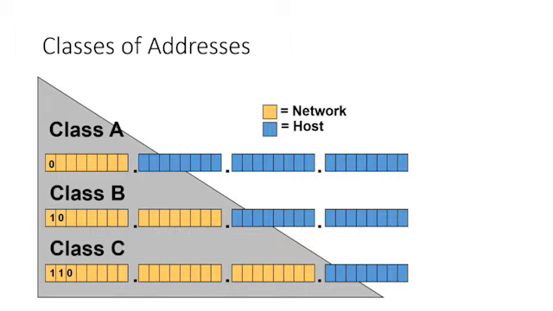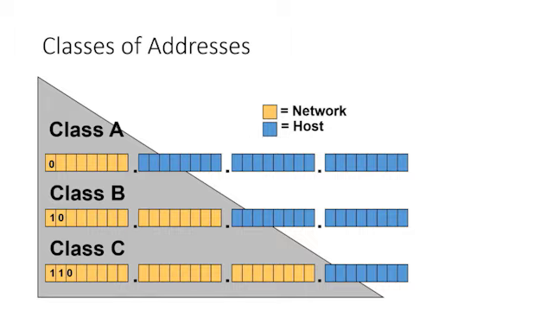The 24th power, that's right. That's how many networks we have. 16.7 million or something like that. But now those networks got a lot smaller. We only have 8 bits of hosts in there. So 2 to the 8th power is 256 total IP addresses we have in that Class C address.